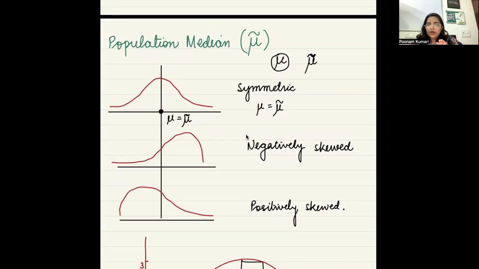So because all the data points are symmetric around mu, the mean value is mu. If all the data is symmetric around 10, the mean value will be 10. And because the data grows till here and then falls down, the central value is this only, and whatever your central value is, is your median value.